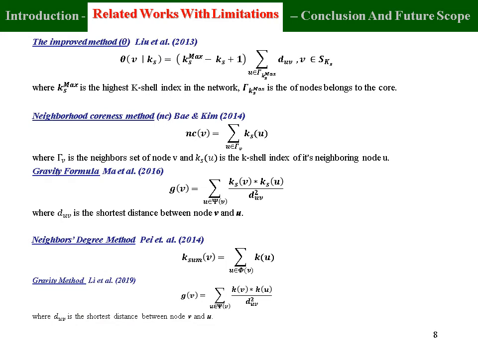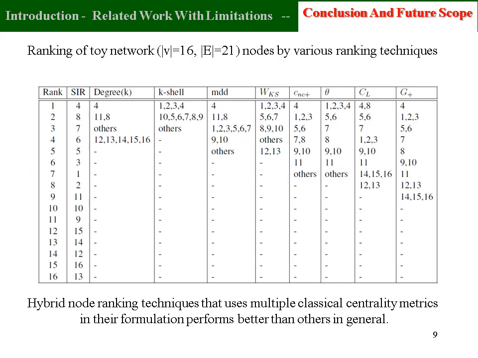So these are some of the recent methods, and now let us consider what happens if we apply all these methods on our toy network shown earlier, and how the nodes are ranked. In our network, as already mentioned, there are 16 nodes and 21 edges, and we have applied different methods on our toy network.